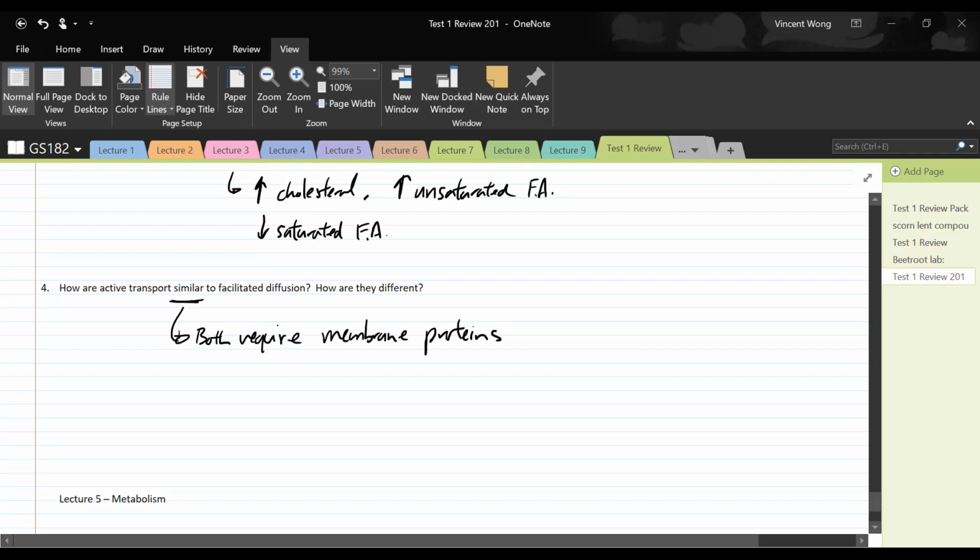And they are different because facilitated diffusion is passive transport. And for passive transport, no ATP is required.